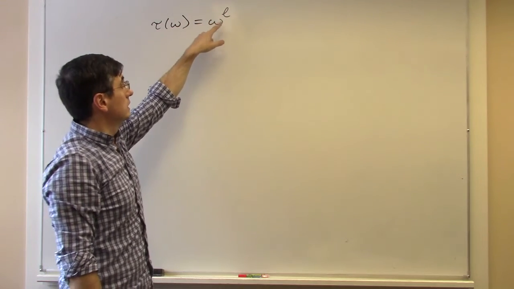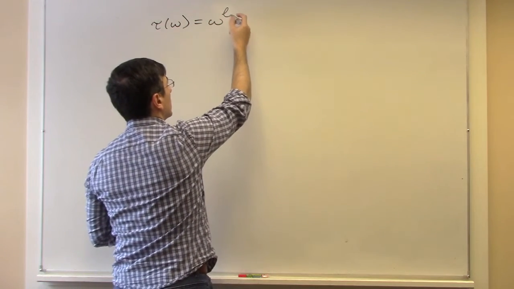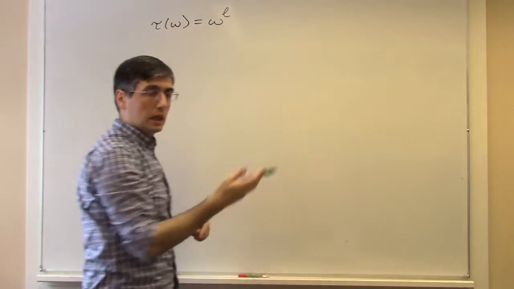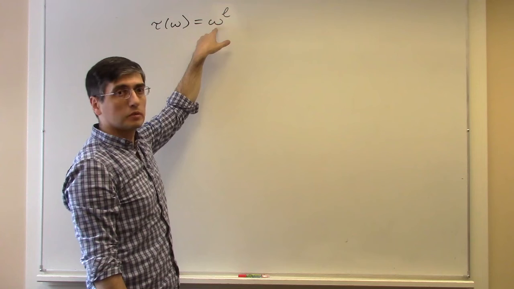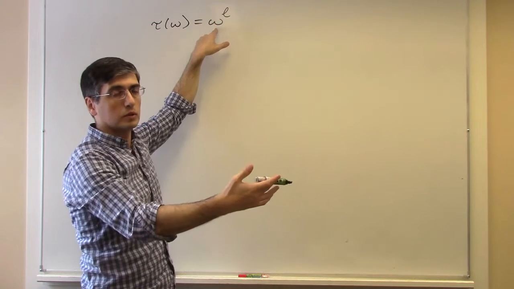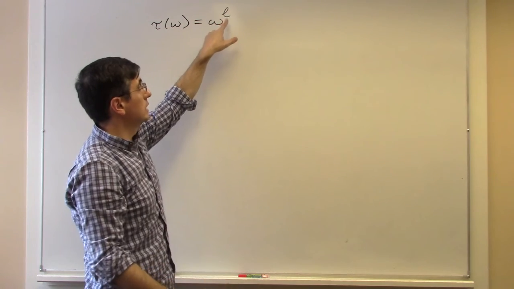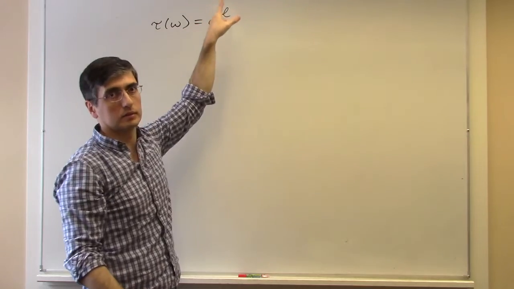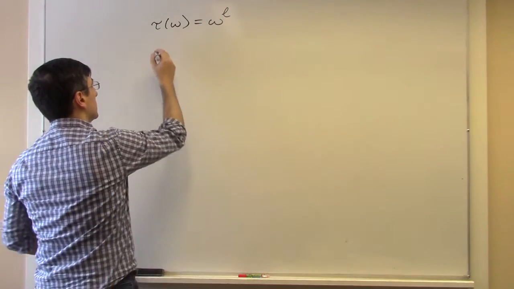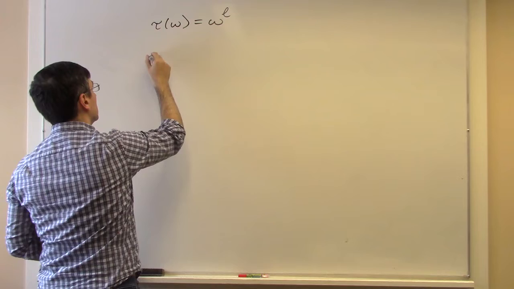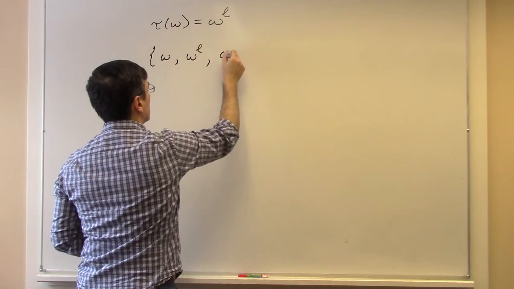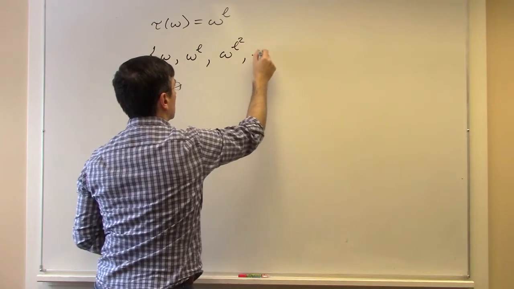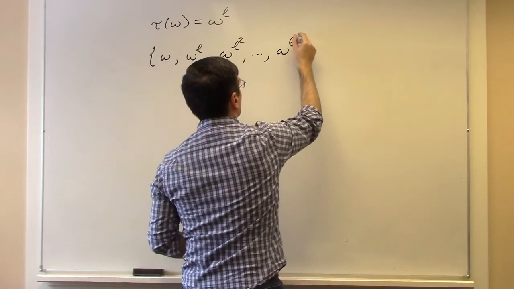Well, this is really omega to the power L mod p. So if L is larger than p, this is one of the powers of omega from 1 to p-1. But let's write it omega^L for now. And then you apply tau again, so you get omega^L, omega^(L^2), omega^(L^s).